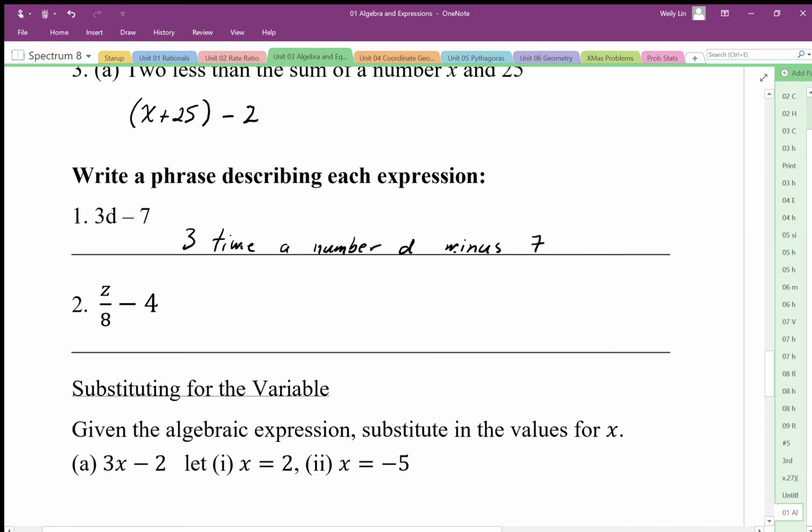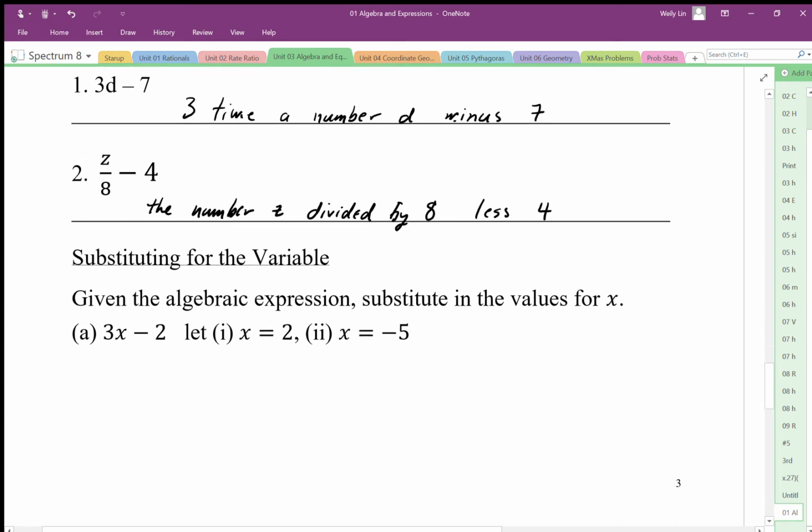Here we can say divide, we can say quotient, but we can take the number Z divided by 8, less 4 or minus 4. Okay?